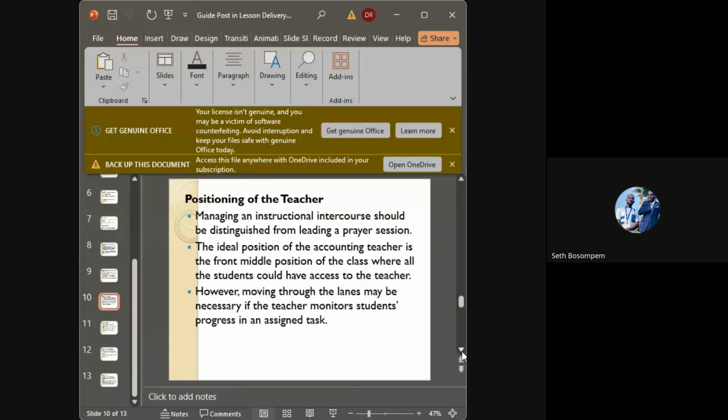So normally for us, our board is a kind of number, so what I normally do is I divide it into three. I start from the middle where everybody can see, then I move to the right side before I come to the left, to balance the view of all the students. All right. That is fine.